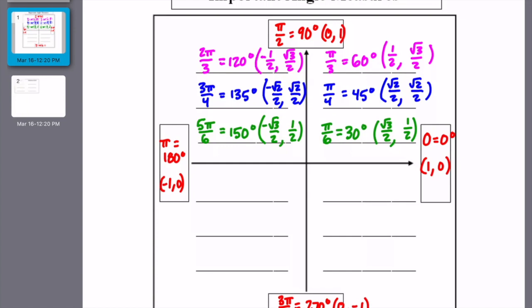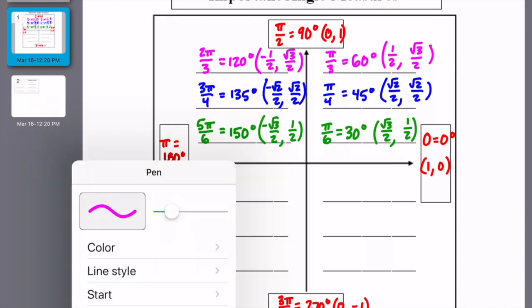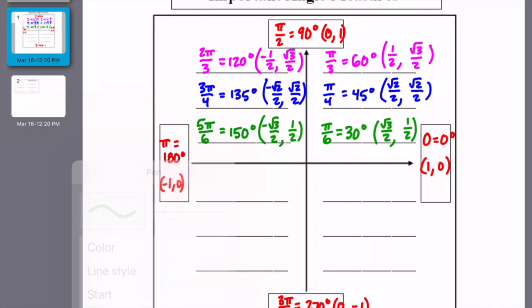If we keep working our way around the unit circle, the next point we're going to run into is 7 pi over 6, which is another 60 degrees from the previous point. So this is 210 degrees, and everything in this quadrant is going to be negative.